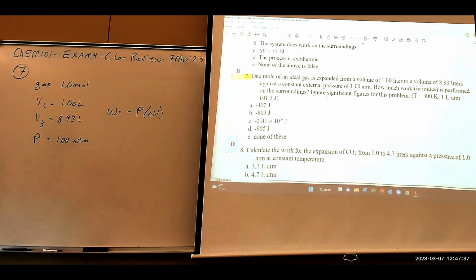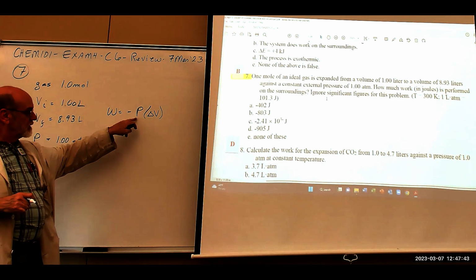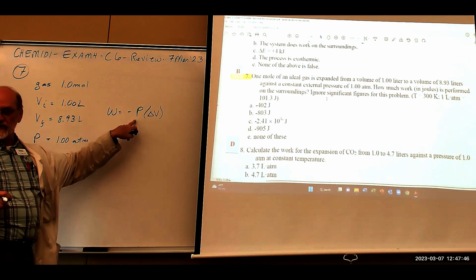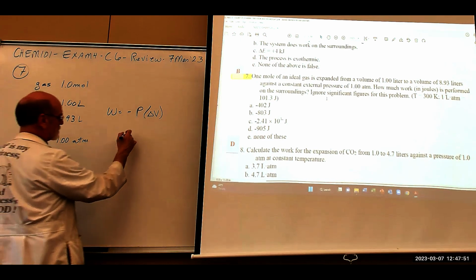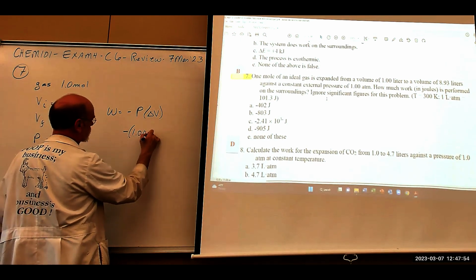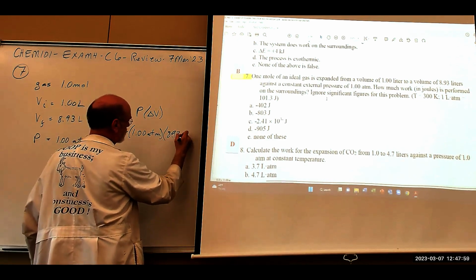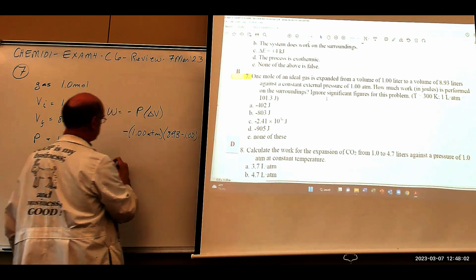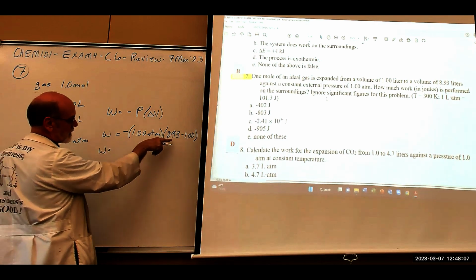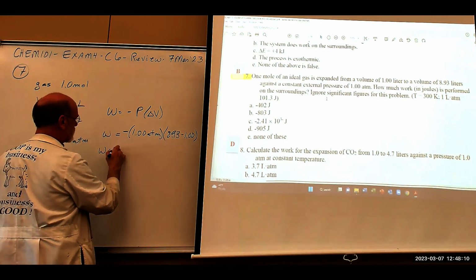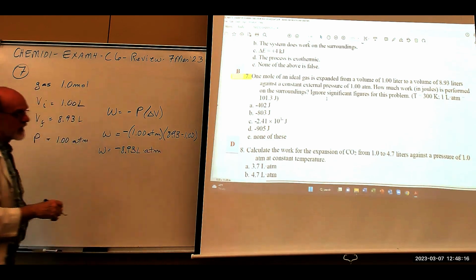That's the formula we're looking for. This should give it to us not in joules, but in liter atmospheres. So what's delta V? It's final minus initial. So we've got 1 atmosphere, and then final minus initial. So the work in those units is negative 8.93 liter atmospheres. So we have to convert it to joules.